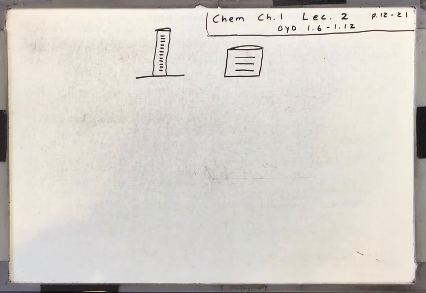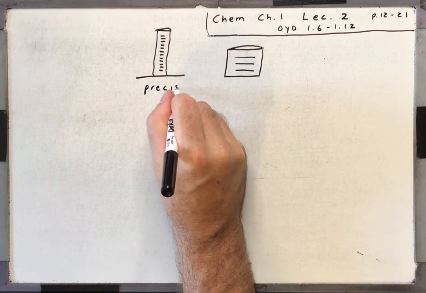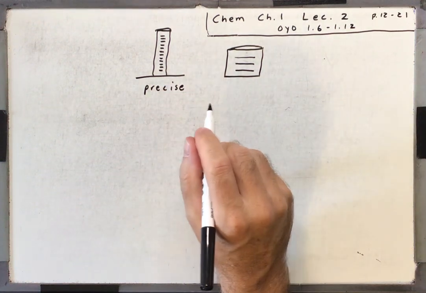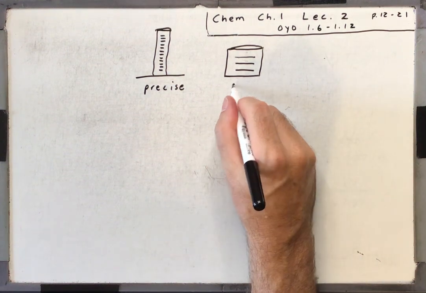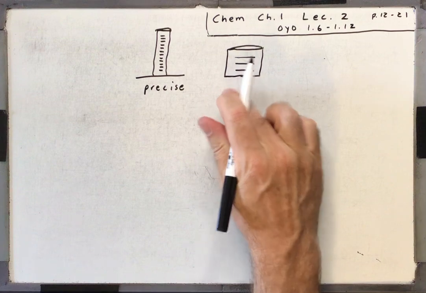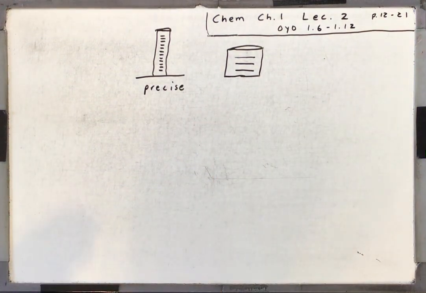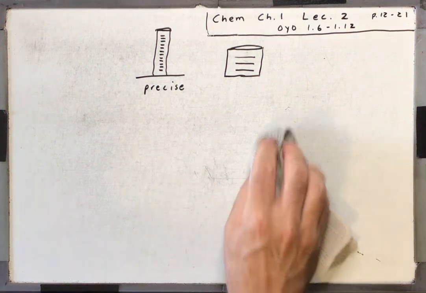So the graduated cylinder would be the most precise. Am I spelling precise right? I think so. And of the two, we don't know which one would be more accurate. It depends on where it's manufactured, and how good a job they do painting the lines on.